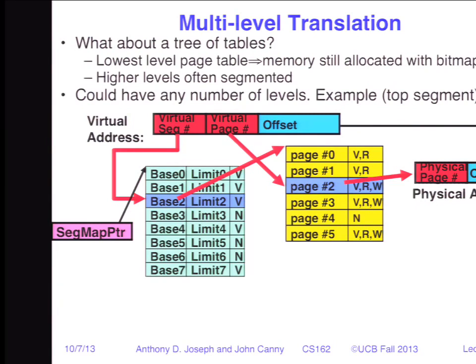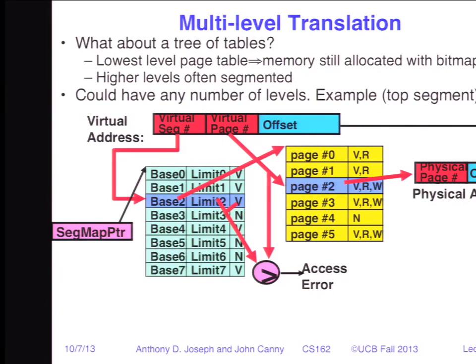All right, so the reason why I said we're not quite done yet is we need to check all the bits and the sizes and everything to make sure we actually had a valid translation. So first of all, we have to check to make sure that this virtual page number is not larger than what would be allowed by limit. Right? That is, we ran off the end of the table. We also have to check to make sure that this segment is actually a valid segment. Right? Some of these are not, like this one's not valid.